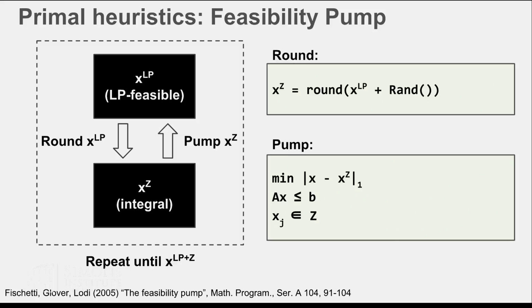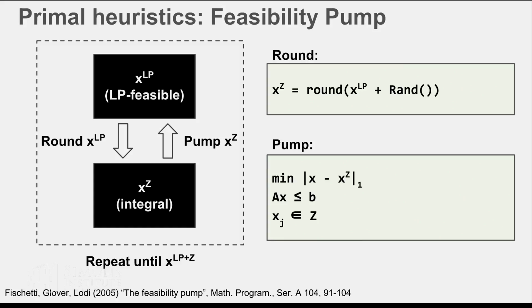So how do we do the rounding? Well, rounding is quite simple. You just round. Very often people add some stochasticity to it, to ensure that the system does not cycle. And the pump is basically minimizing the L1 norm with respect to the current integral point.